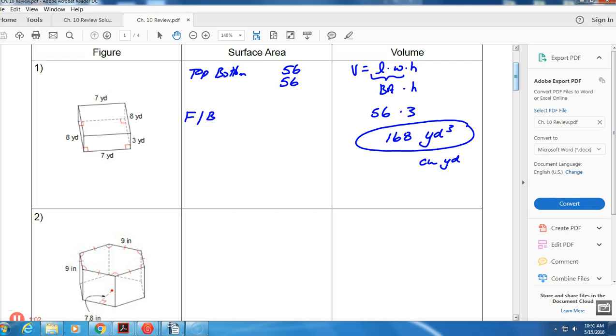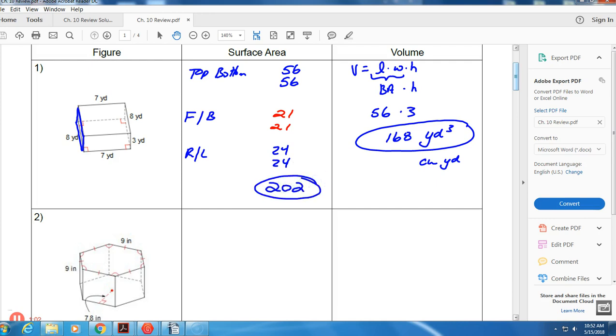The front one is 7 by 3, and that should match up with the one back here, also 7 by 3. So those two are 21 each. Then finally, I have the sides, which you can barely see, but the sides are 3 tall and 8 long, so you have 3 by 8. This is the right and the left, a 24 and a 24. When you gather up all that, it is 202.